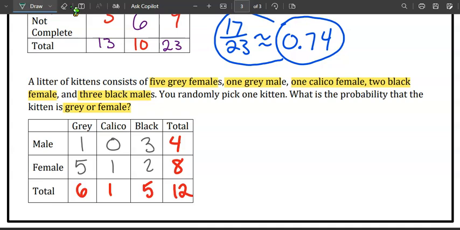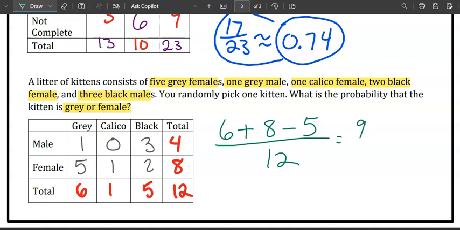So let's find the number of grays, 6, plus the number of females, 8, minus the amount that is gray and female, 5. And divide by 12. Get 9 out of 12. Those reduce. 3 out of 4, 0.75, or 75%.